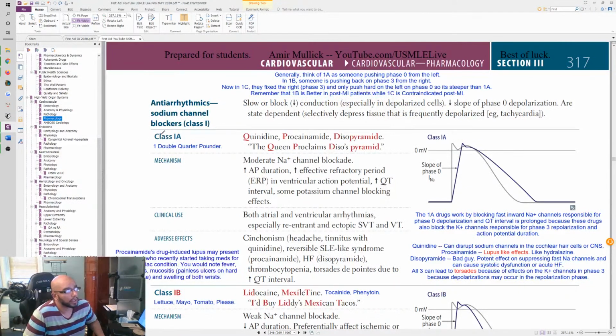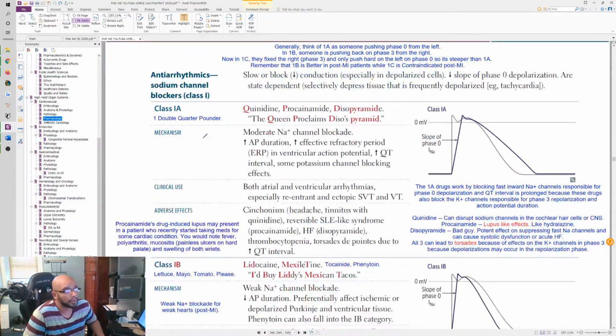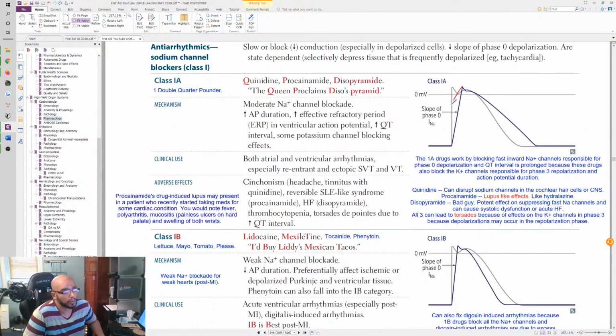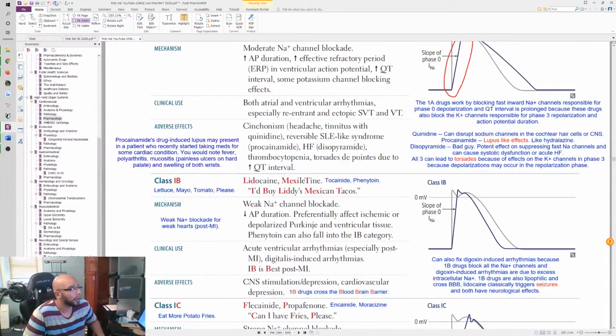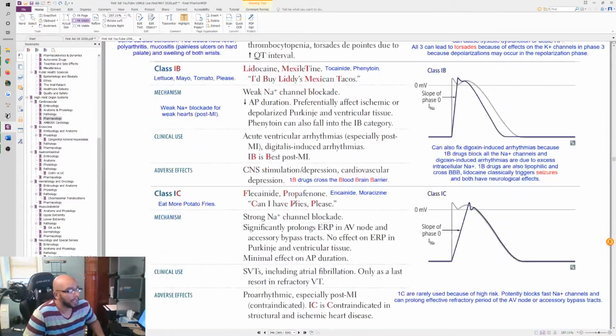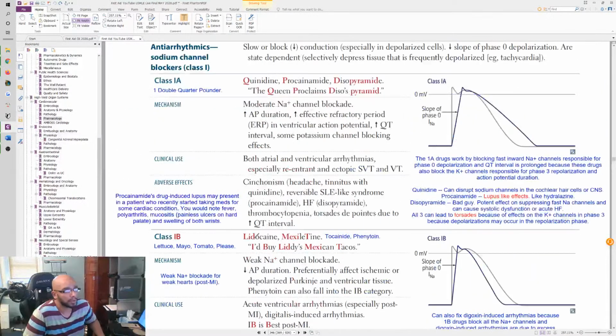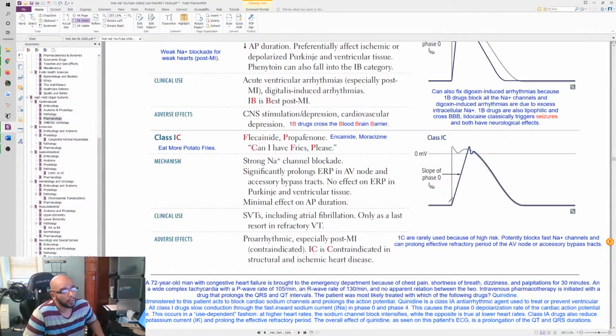As you can see here with the class 1 medications, they all have an effect on the sodium channel, and the sodium channel is related to the phase 0 slope. And what we're looking at is flecainide. So flecainide is a class 1C sodium channel blocker, which significantly tilts over phase 0, right? And for class 1C, the C you have to remember is for contraindicated.